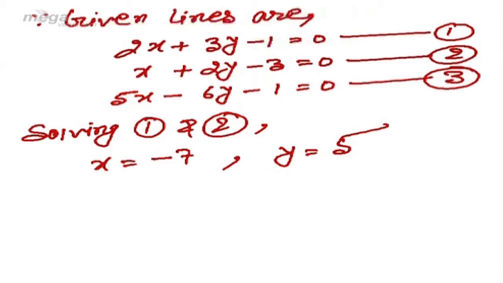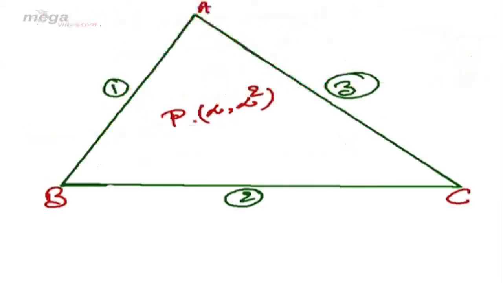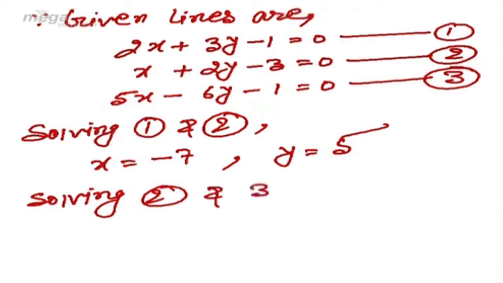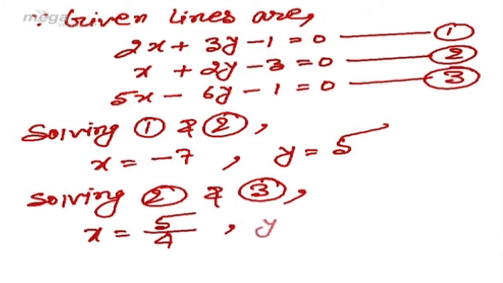So from the figure you can see the point of intersection of line 1 and line 2 is minus 7 comma 5. Now we will solve the second and third. Solving equation number 2 and equation number 3, x is equal to 5 by 4 and y is equal to 7 by 8.